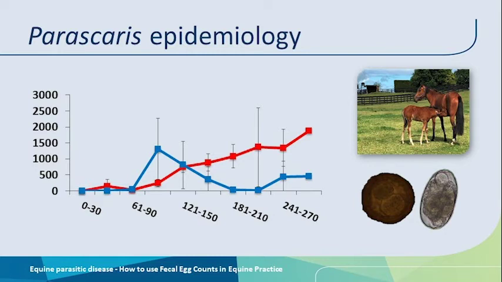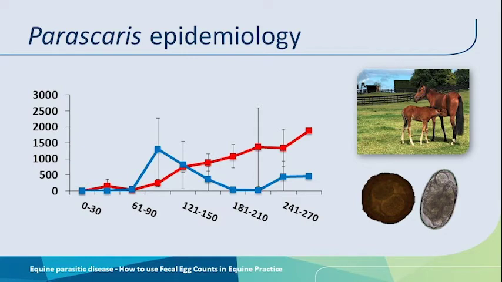There's a little bit of a second wave all the way out at 7, 8, 9 months, and that's something we sometimes see, but then they quickly disappear and they never come back. In the meantime, the strongyles have taken over as the dominating parasite, and that transition seems to happen right at about 5 or so months of age.